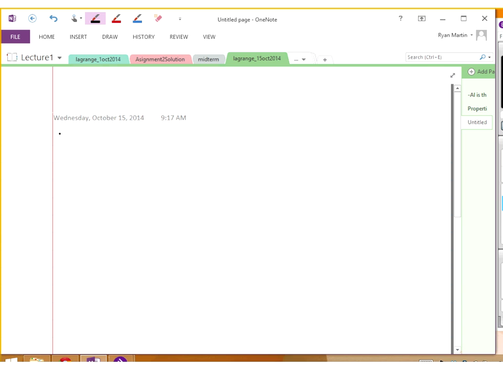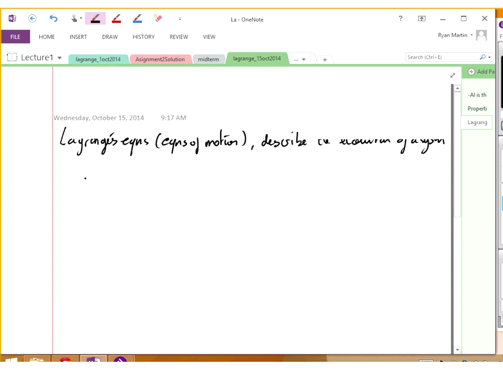So Lagrange's equations, the equations of motion, describe the evolution of a system through configuration space.